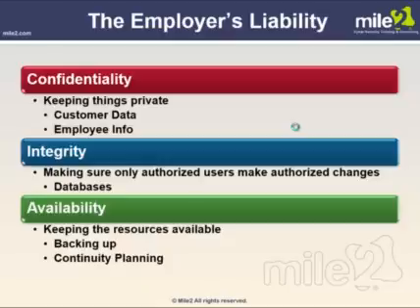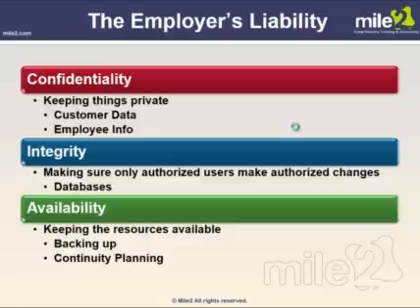And we have availability, which basically says that we keep the resources available by backing up, having a continuity plan, and so forth. We generally provide availability through the use of clustering or load balancing, and also by providing redundancy through multiple power supplies, possibly multiple ISP providers, just multiples of everything.